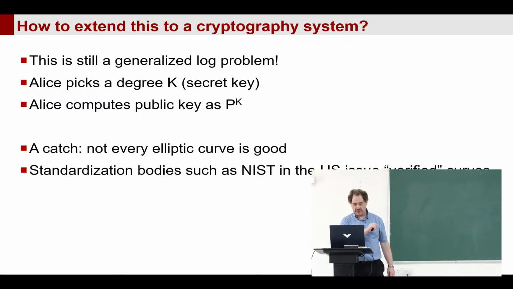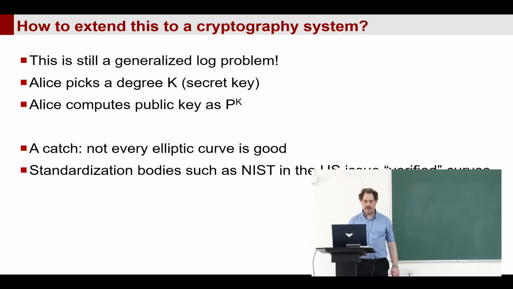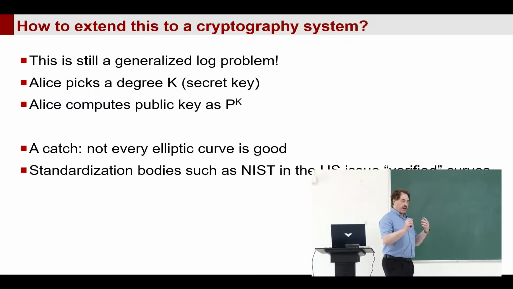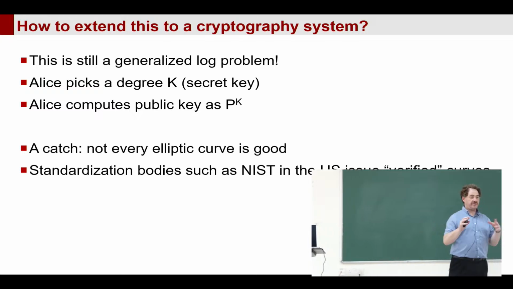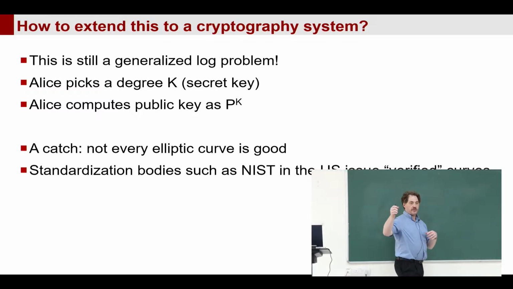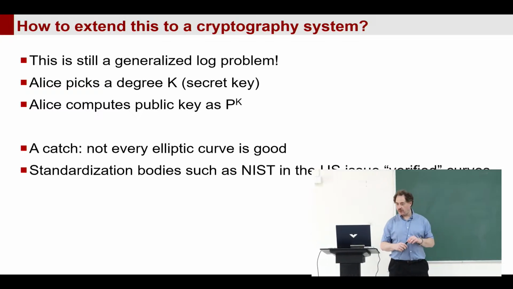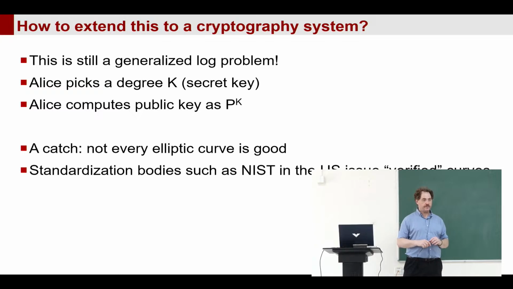Alice still picks a degree key, which is a secret key. And Alice takes some well-known elliptic curve. Again, the elliptic curve would be known to everyone. It's like the group. And the generator of the group would also be known to everyone.